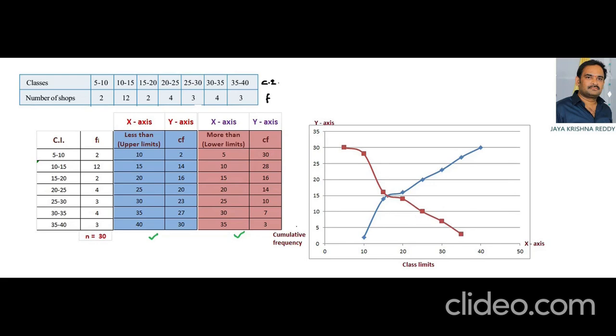Identify the intersecting point of these two graphs, and draw a line towards the x-axis which is parallel to the y-axis, and observe where the line touches the x-axis. So the line touches the x-axis exactly at 17.5. So the median of the given data is equal to 17.5.